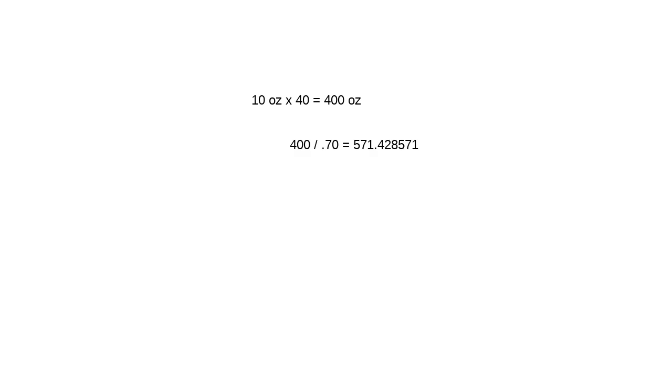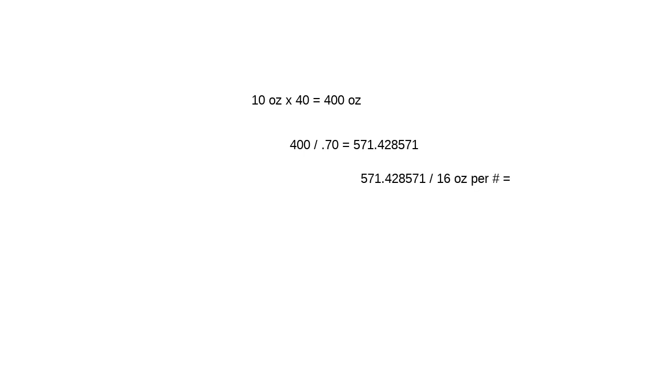And then you're going to divide that by the number of ounces per pound. So you take the 571.428571 and you divide that by ounces per pound, which is 16. And that should give you your answer.